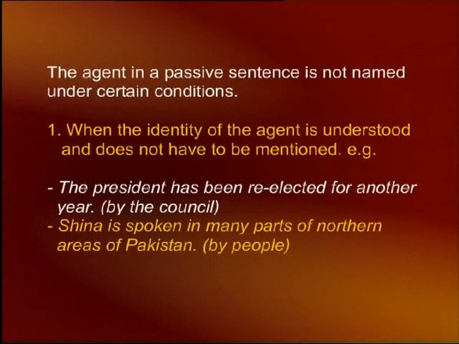Example, the president has been re-elected for another year. Now, in that passive sentence, the agent has not been mentioned. That sentence is without the agent, and the agent over there is, maybe it's the council, maybe it's the voters, maybe it's the syndicate, whatever.